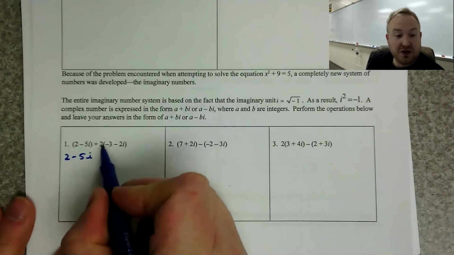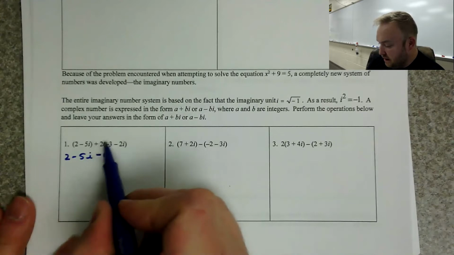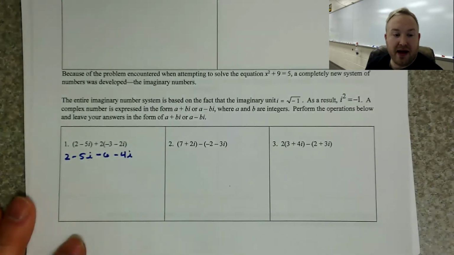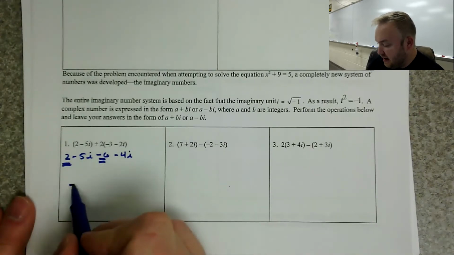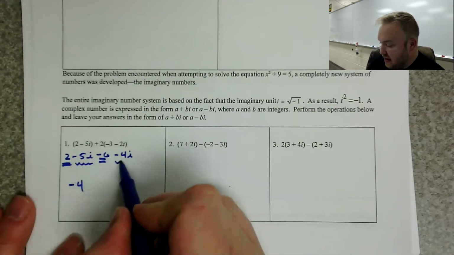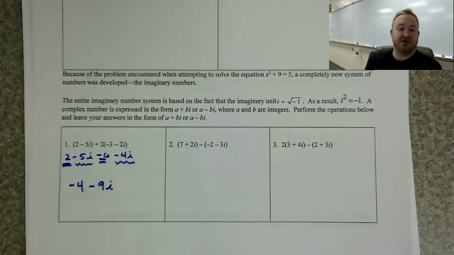I can go ahead and distribute this 2. 2 times -3 is -6. 2 times -2i is -4i, and then just combine my like terms. So the 2 and the -6 can be added together, and that gives me a -4. Then I've got -5i and -4i, and that gives me -9i, and that's as far as I can go.